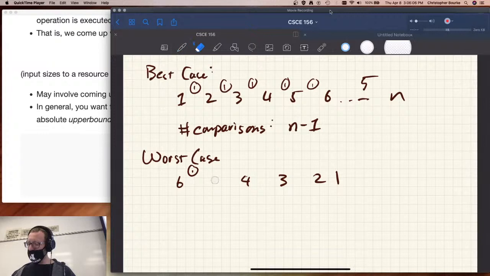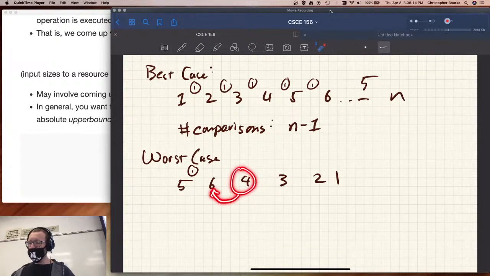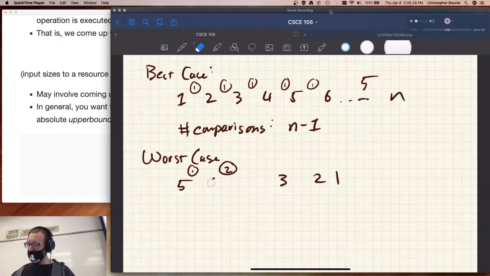And we end up with 5 and 6. Now we look at 4. One comparison to see that 6 needs to be shifted over. One comparison to see that 5 needs to be shifted over. And finally 4 just gets put where it needs to be. There were, if you were counting up with me, 2 comparisons to do that. And we are left with 4, 5, and 6.